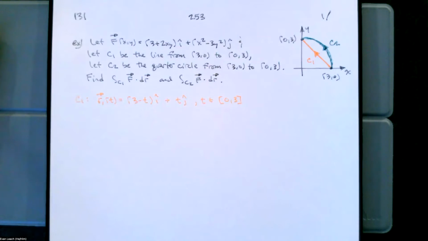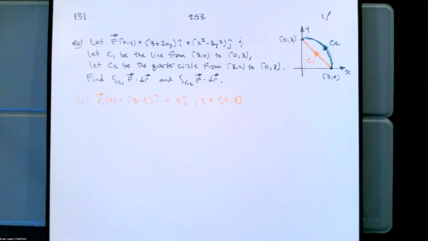Now, if we wanted t to run from 0 to 1, we could adjust our slope. But let's make it easy on ourselves. Integrate from 0 to 3 and have coefficients of 1 for our parameterization.